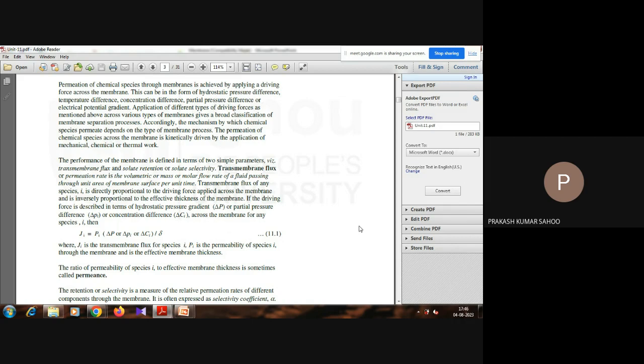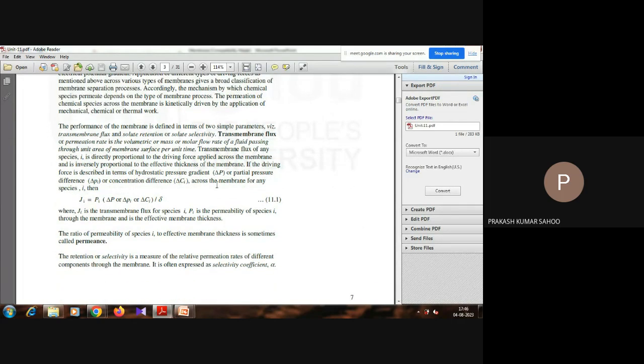This is inversely proportional, and it is directly proportional to the force at which it is applied. If the driving force is described in terms of hydrostatic pressure gradient P or partial pressure difference delta Pi, and concentration difference delta Ci across the membrane. This concentration difference is the difference before and after separation.